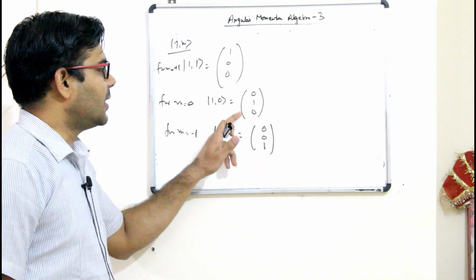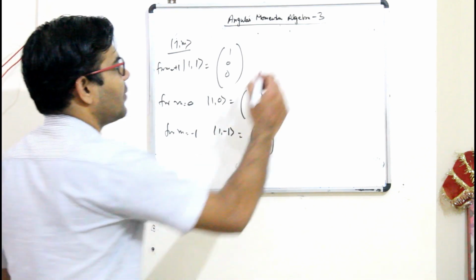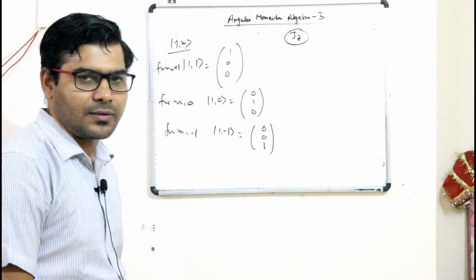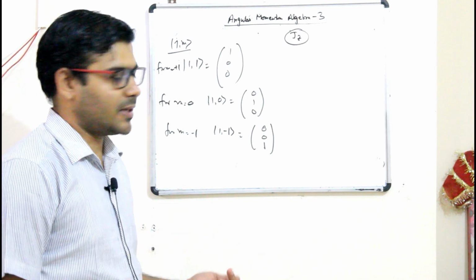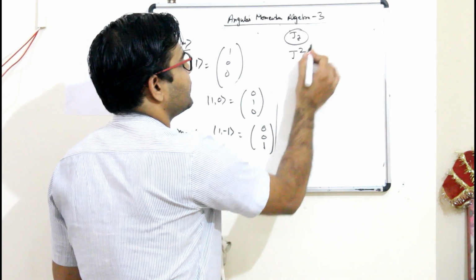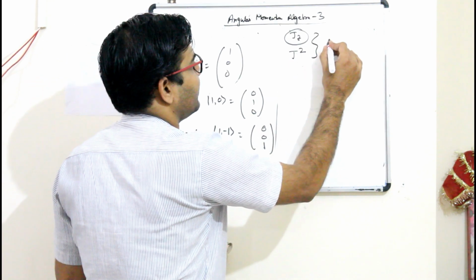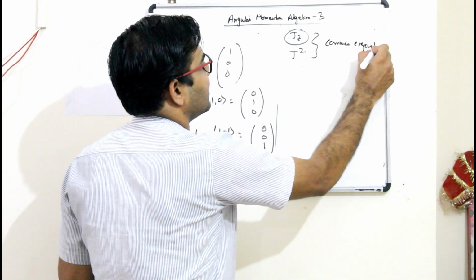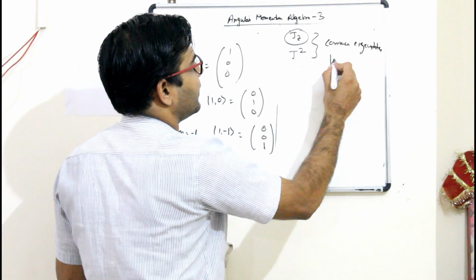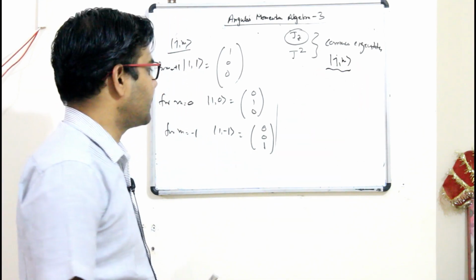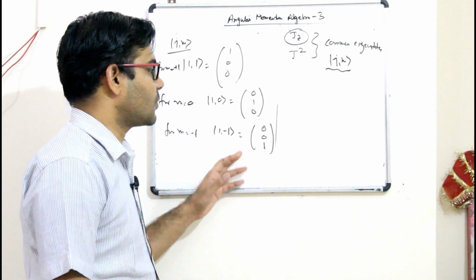Remember, these are the eigenstates of the operator Jz, and they are the common eigenstates of J square and Jz. These are the eigenstates of J square also, because J square and Jz have common eigenstates, as we have been taking since the last video, written as |j, m>.